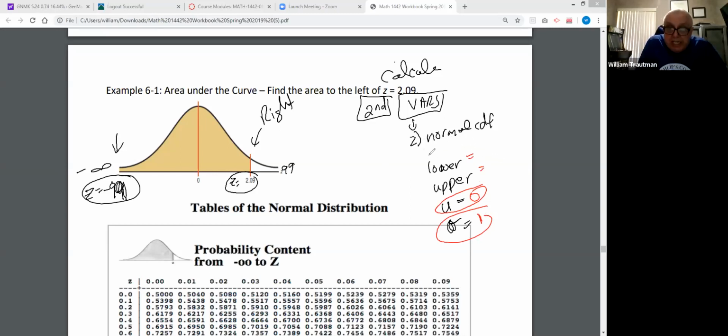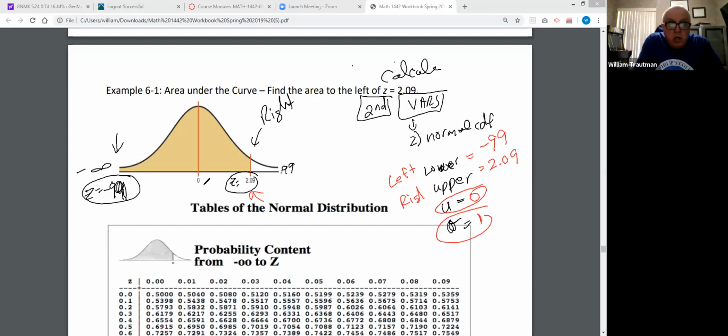The lower is the left side of our graph. The upper is the right side. So on the lower side, we're going to type in negative 99. On the upper side, we're typing in 2.09. You see, we're typing in those z values.